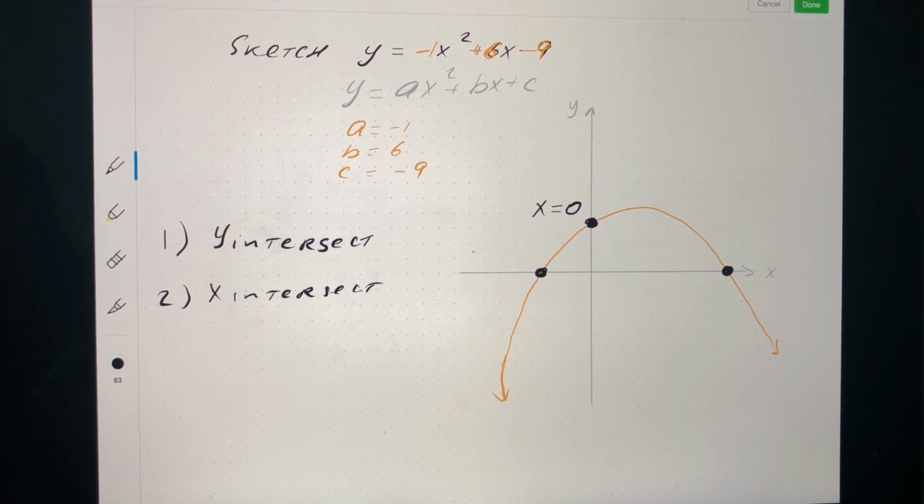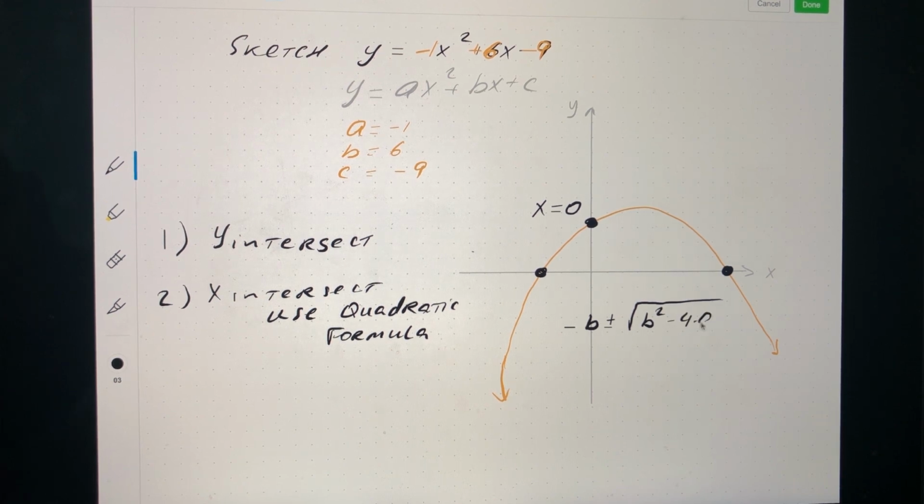And to find them, we use the quadratic formula. It's negative b plus or minus the square root of b squared minus 4 times a times c, the whole quantity divided by 2 times a. So this is how we find these two dots.